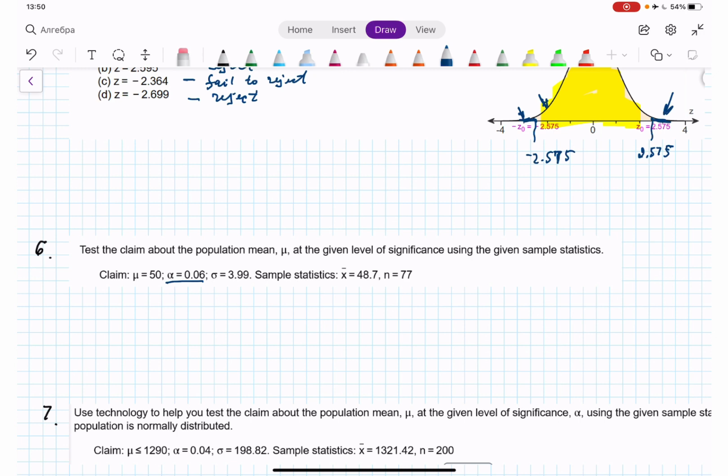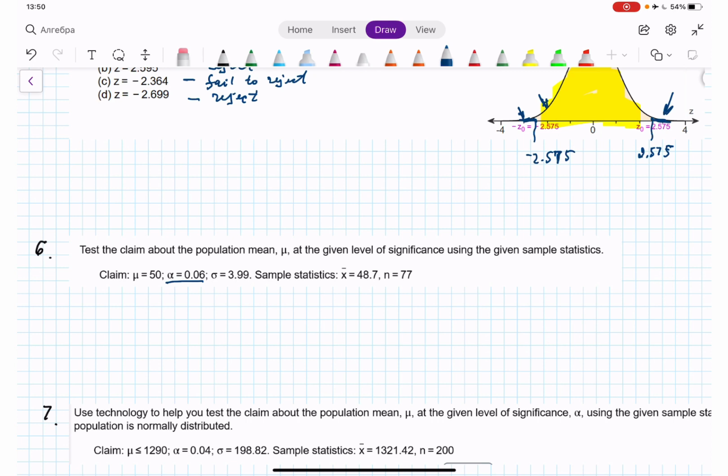Okay, so what do we have? The claim is mu is equal to 50, the significance level is 0.06, the standard deviation of the population is 3.99, and the sample statistics: the average for the sample x bar is 48.7, and n, the sample size, is 77.